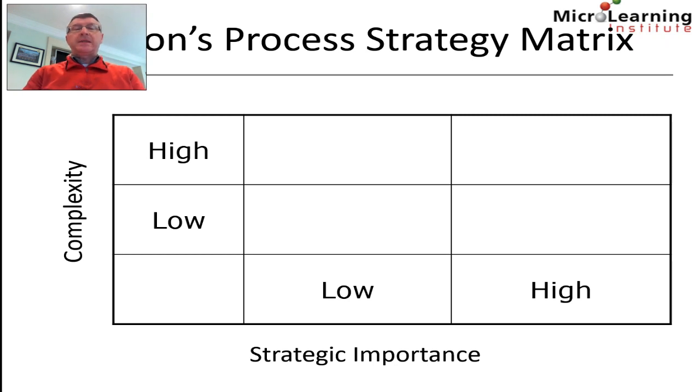Similarly, with regard to complexity, if a process is simple and easily described in a series of process steps, we deem the complexity to be low. However, if the process requires a lot of knowledge or a lot of technology or is maybe not very well defined and streamlined, then we deem that complexity to be high.